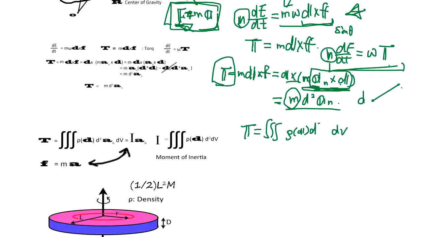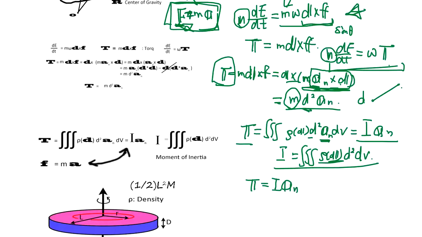And we have a d square and the angular acceleration, but angular acceleration is constant for any d, because everywhere the angular acceleration is the same for the rigid body, and that means we can pull out I times the angular acceleration. Torque is I times angular acceleration.